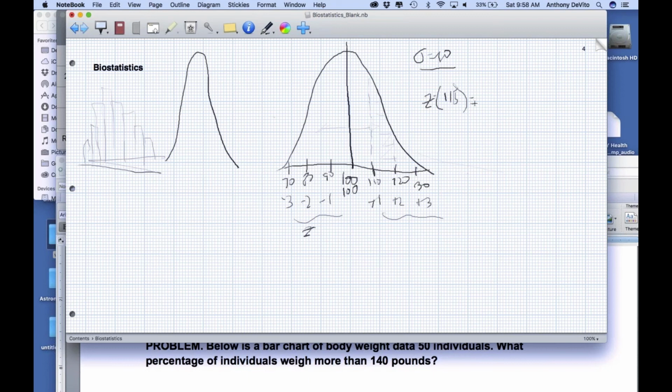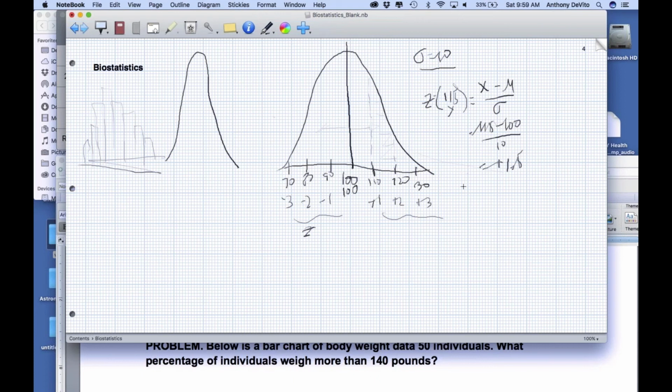So the Z-score is equal to the value we're interested in, X, minus the mean, over the standard deviation. So the Z-score for 115 is 115 minus 100 over 10, which turns out to be plus 1.5.